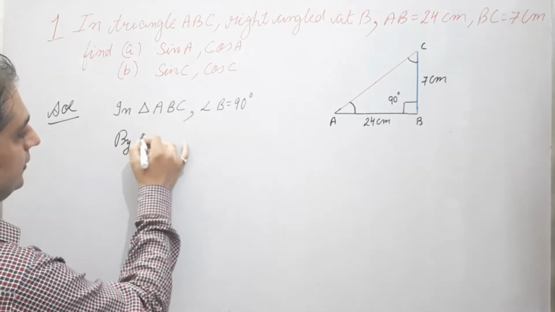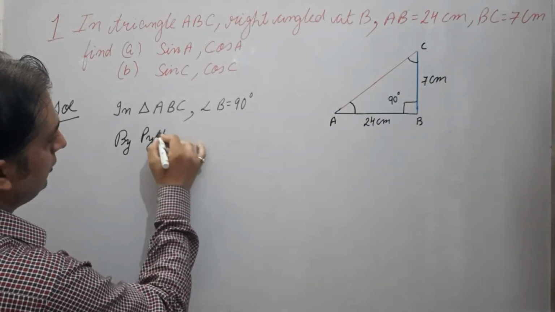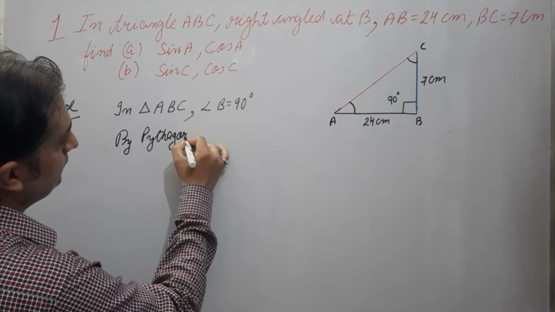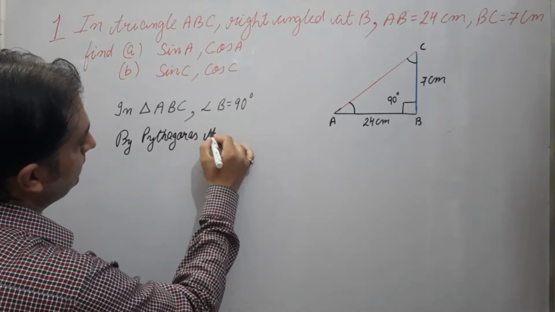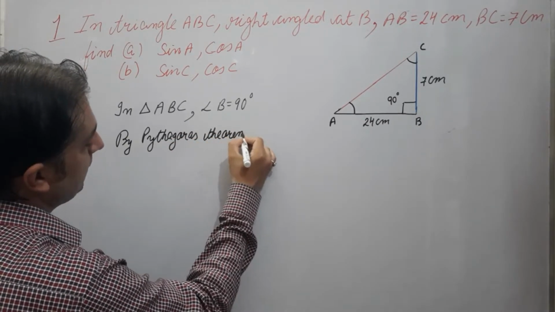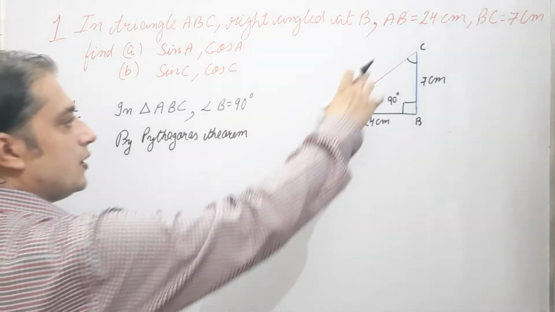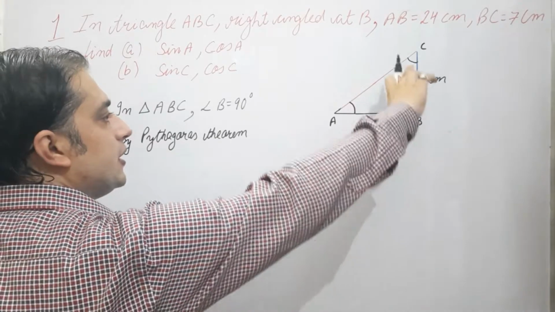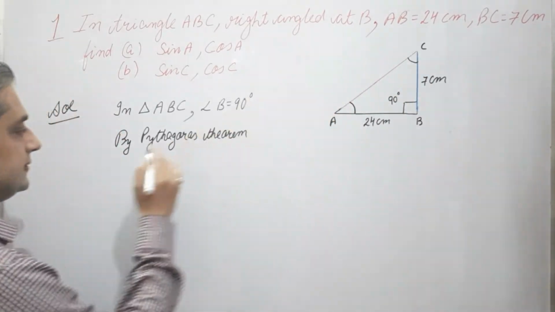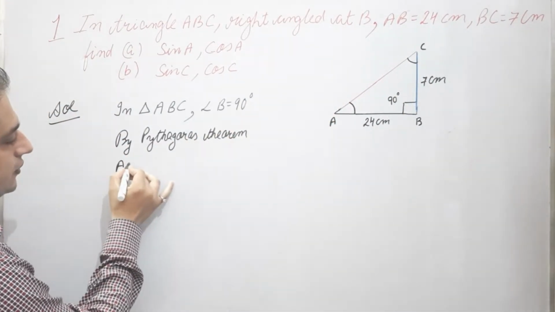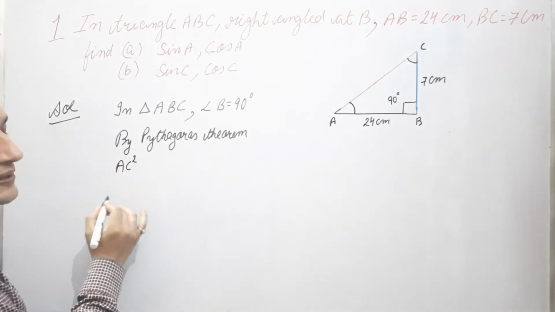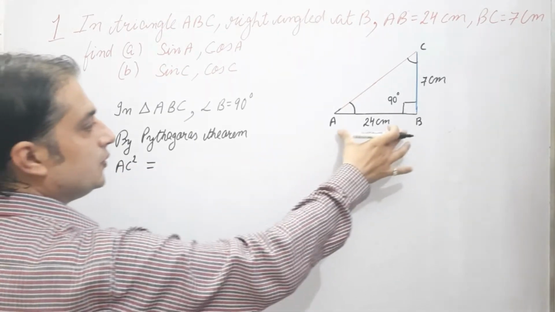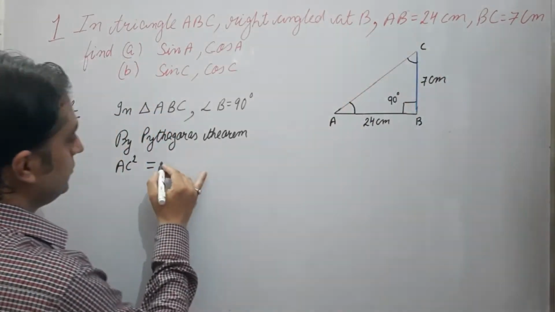So by the Pythagoras theorem. What is the Pythagoras theorem? The square of the longest side is equal to the sum of the squares of the other two sides. The longest side of triangle ABC is AC. So AC square, that is the longest side squared, is equal to AB square plus BC square.